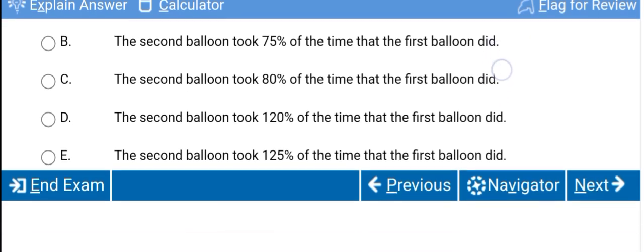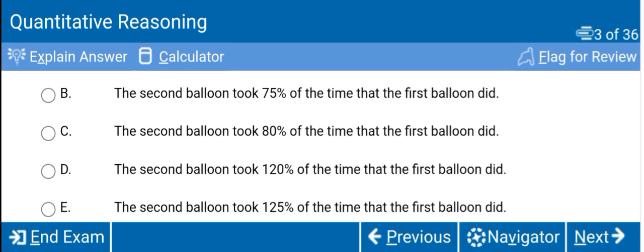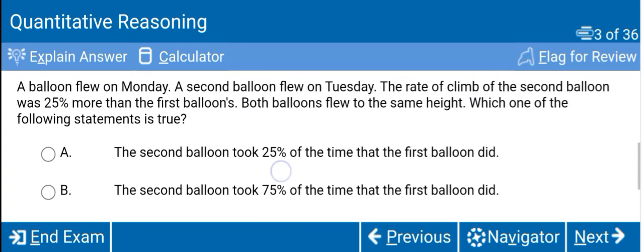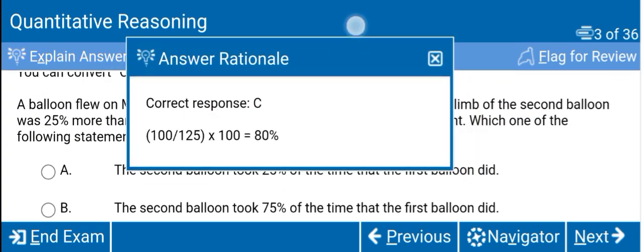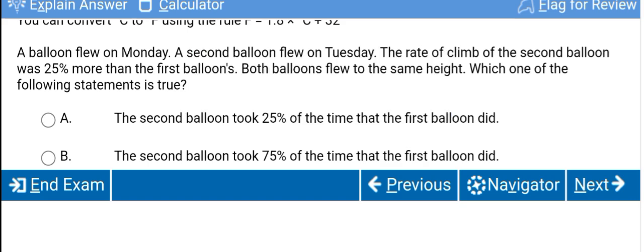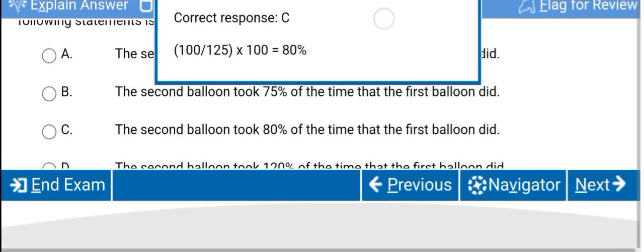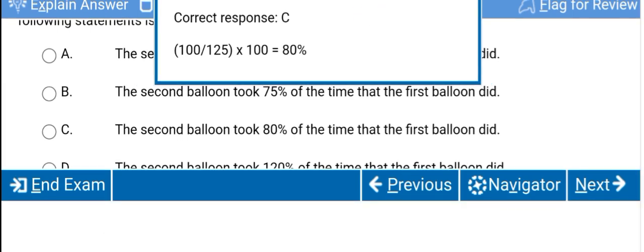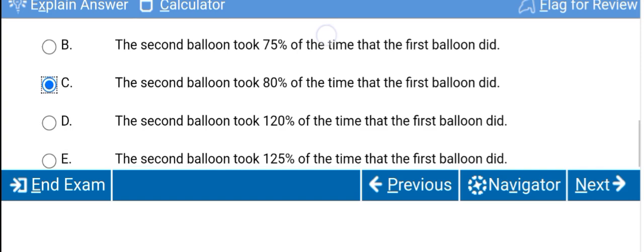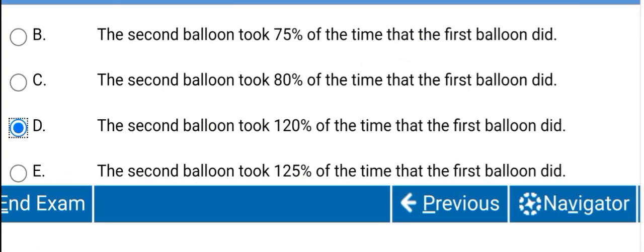Option E, 125% of the time. So let's see which one is the correct option. The correct response is option C, as 100 divided by 125, multiplied by 100, equals 80%. So the second balloon took 80% of the time that the first balloon did.